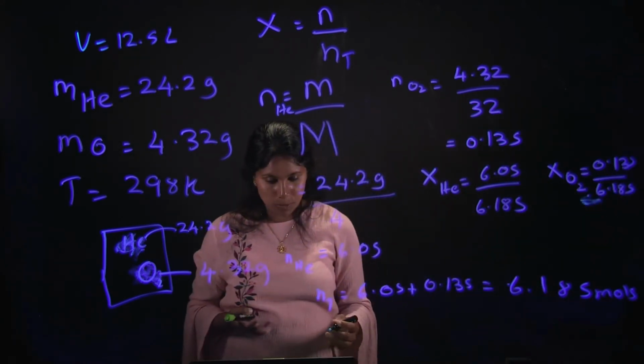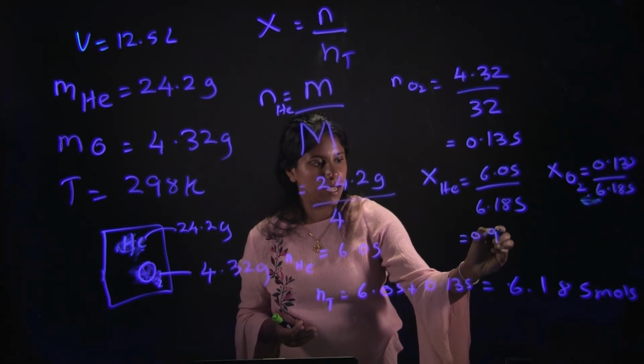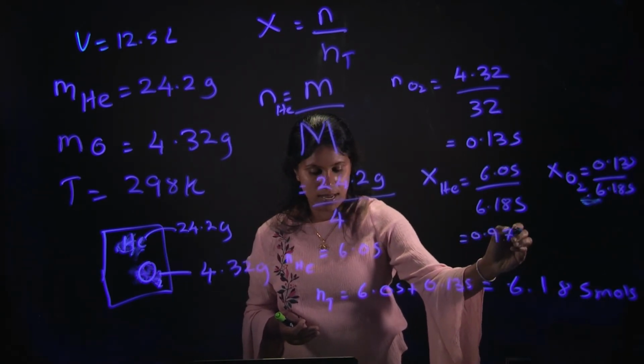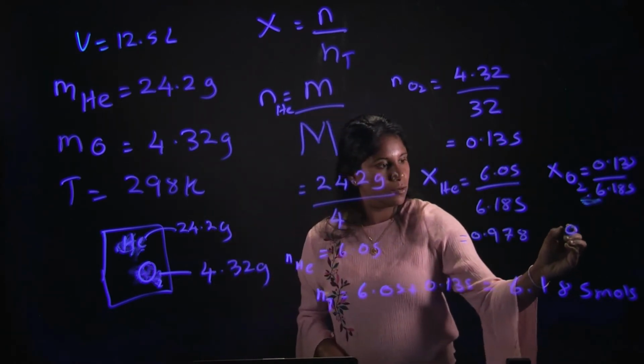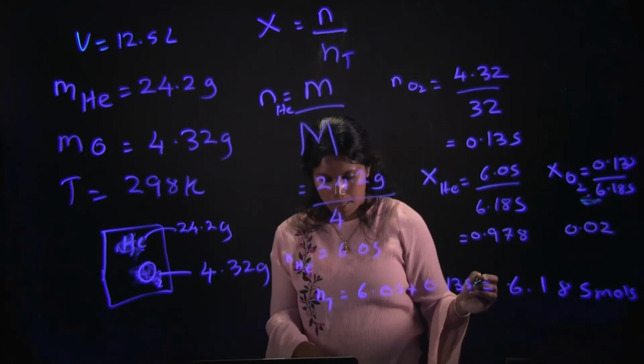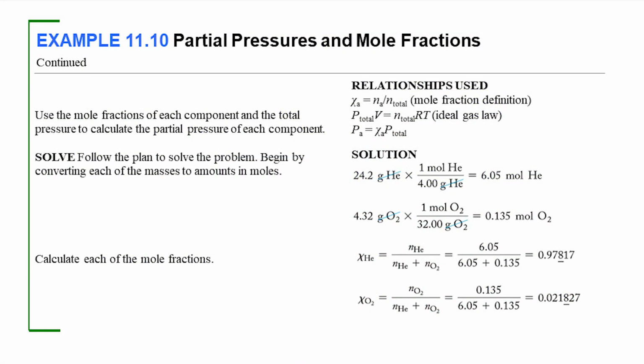The mole fraction of helium is 0.978, and then oxygen is 0.0218. In this way you found the mole fraction. So this is easy, right? You didn't need any gas laws, just the number of moles divided by the total number of moles. We finish mole fraction.